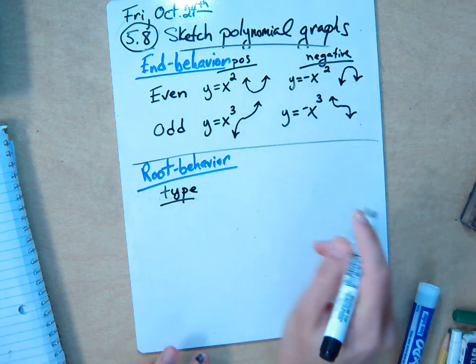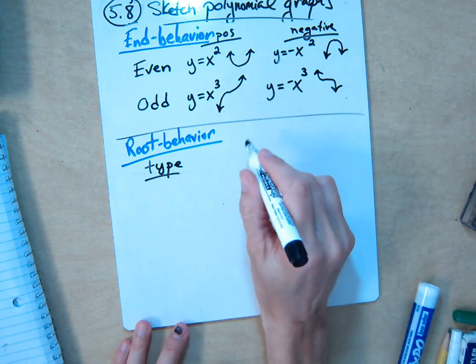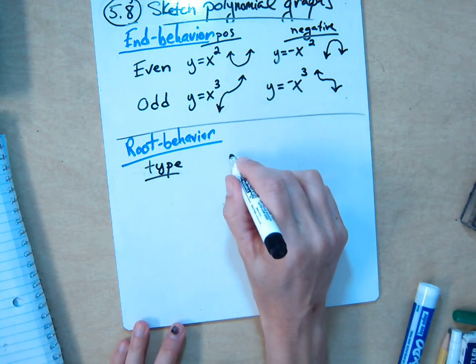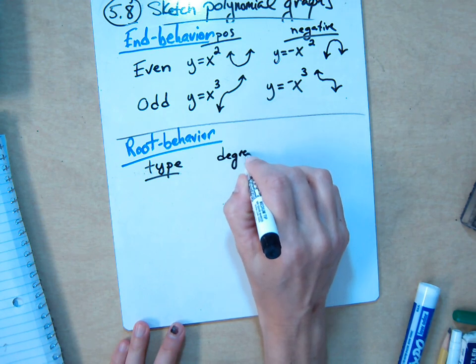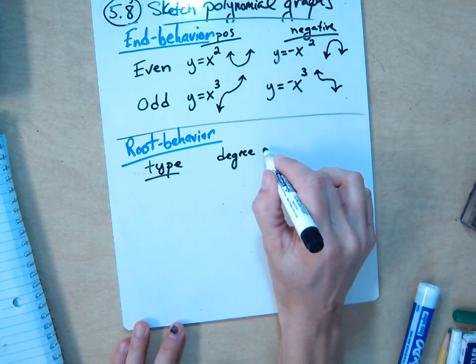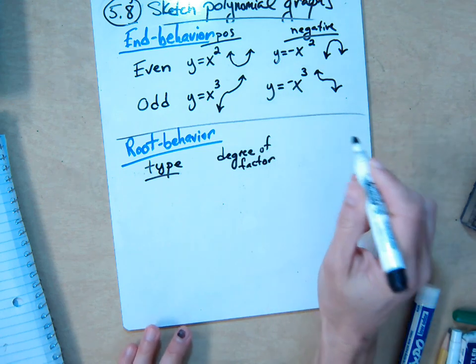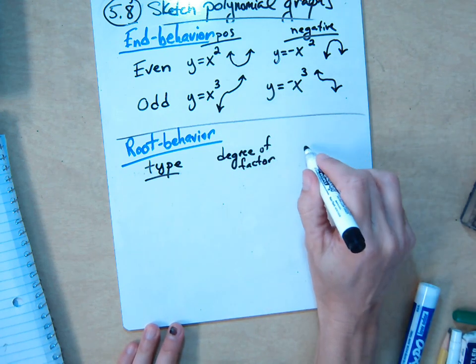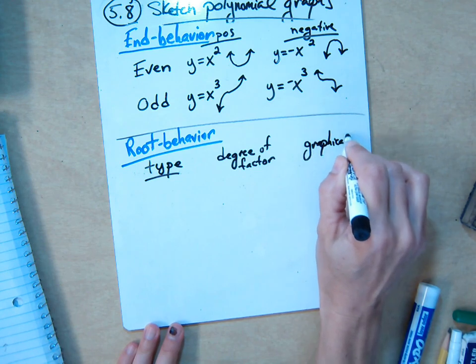And whenever I say root, you could think a 0 or an x-intercept, those all mean the same thing. So the type of root, there's the degree of the factor that the root comes from, and then we'll do a complete example. We'll do 2 examples. And then graphically, what does it look like?